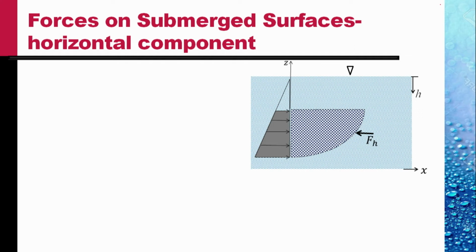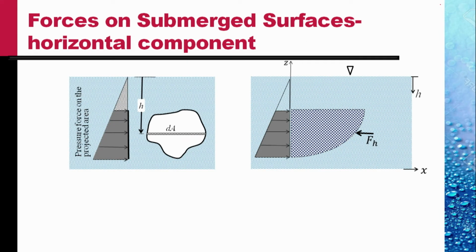This surface is flat, so by the relation that we derived for the horizontal force on a flat vertical surface, this force is equal to the pressure at the centroid of this plate times the area of this vertical flat plate.